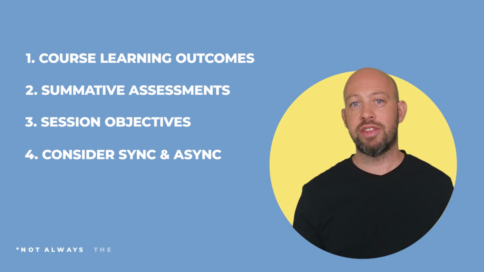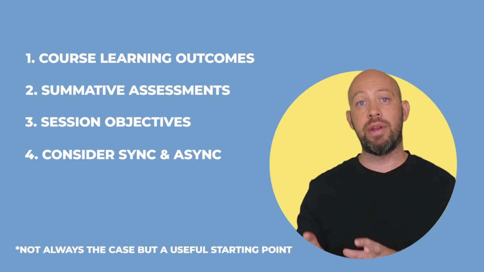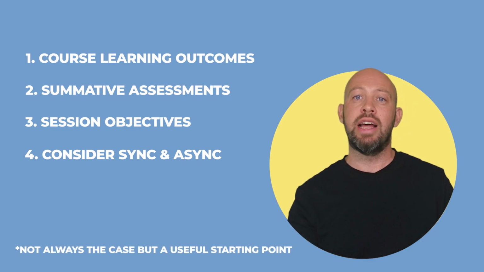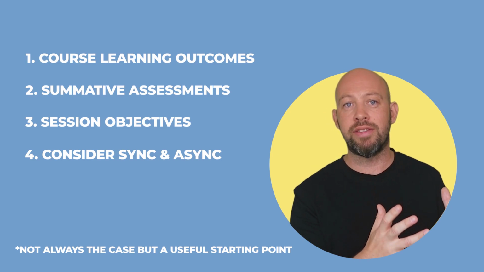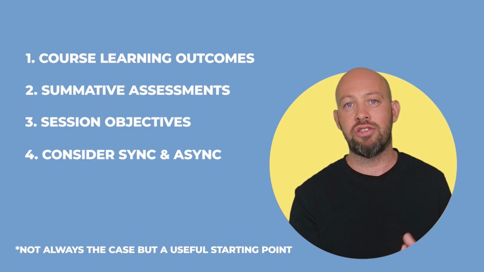And the tip here is that lower order thinking can happen in the asynchronous environment, and higher order thinking is best supported in the synchronous in-classroom environment. And then step five would be identifying content and activities and formative assessments or assessment for learning that link to your session level learning outcomes and support your learners to achieve their summative assessments. And in doing so, they also implicate achievement of the course level learning outcomes.